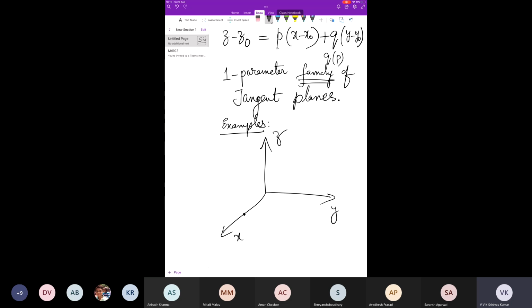Take a point on the x-axis, that is a comma 0 comma 0, and take a disk with radius 1. Now change the center but keep the same radius 1.